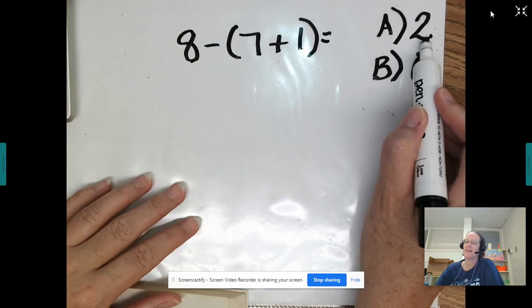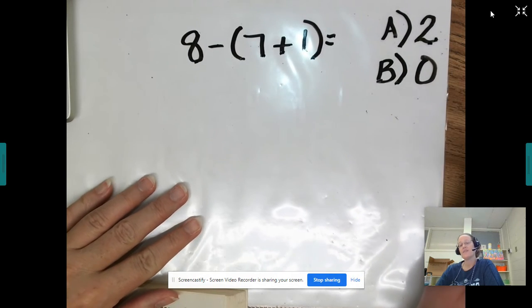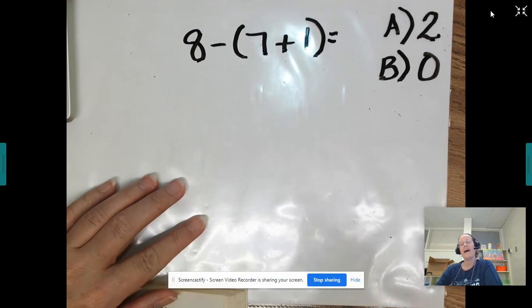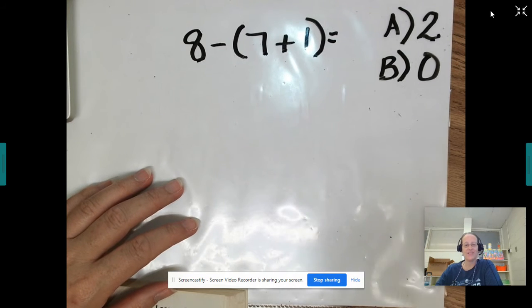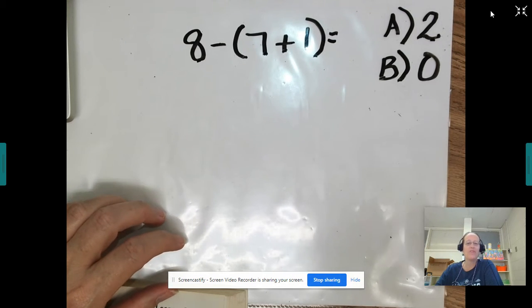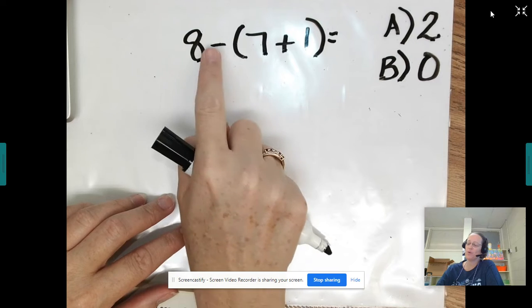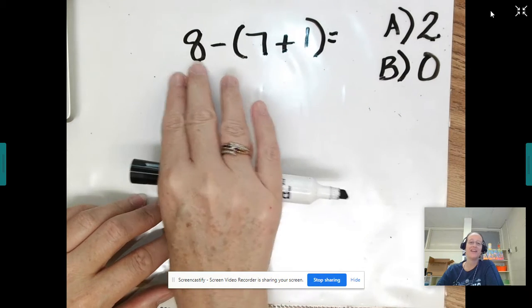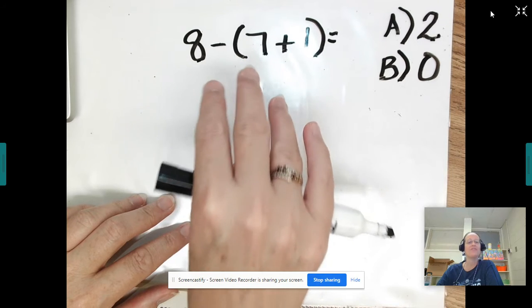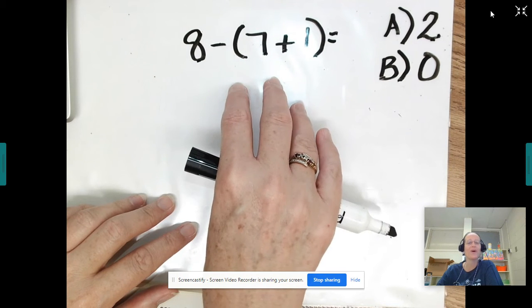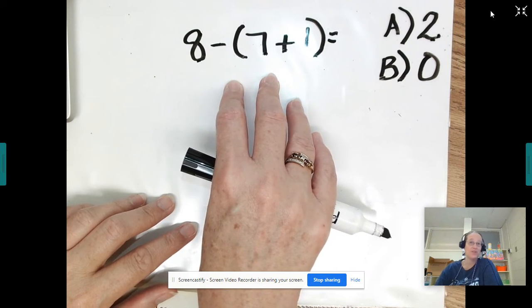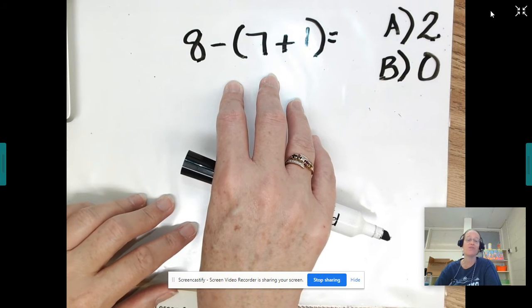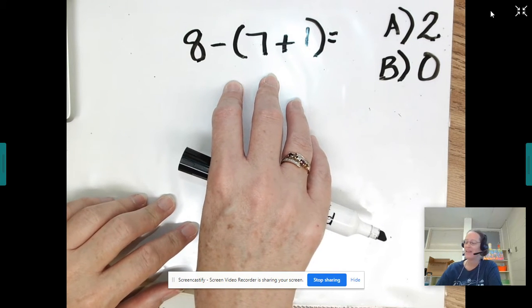Okay. But we have to always use the order of operations when there is more than one symbol in an expression. We have to use the order of operations in order to evaluate it, in order to solve it correctly.